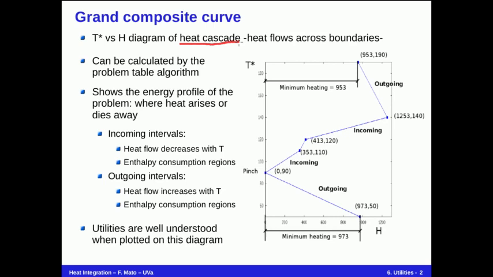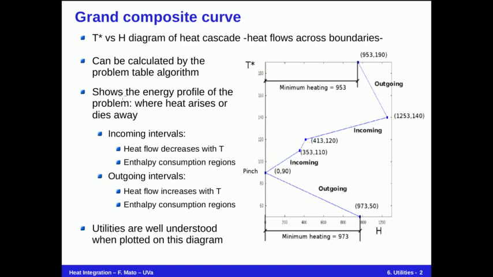It is half the minimum approach down for hot streams and half the minimum approach up for cold streams. The usefulness of the grand composite curve is that it represents heat flows across temperature boundaries down the problem at different levels of temperature.